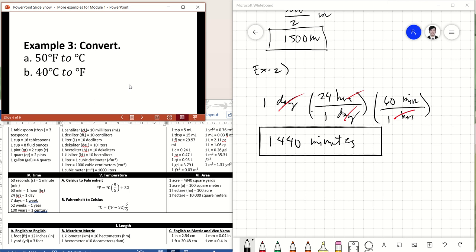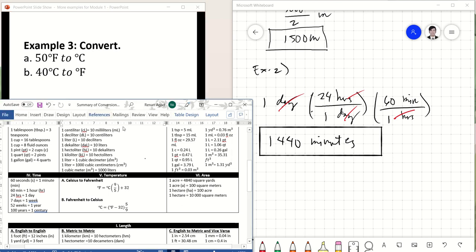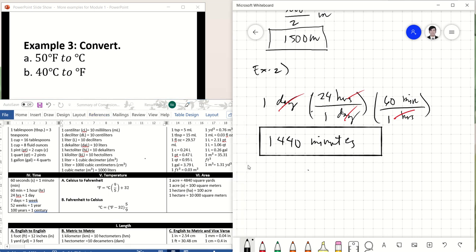Let's proceed to example 3. In example 3, this is temperature. The formula is already here in our conversion factors. Again, this is an expression if we try to connect it to our lesson in algebra. So all you need to do is to use the correct formula.